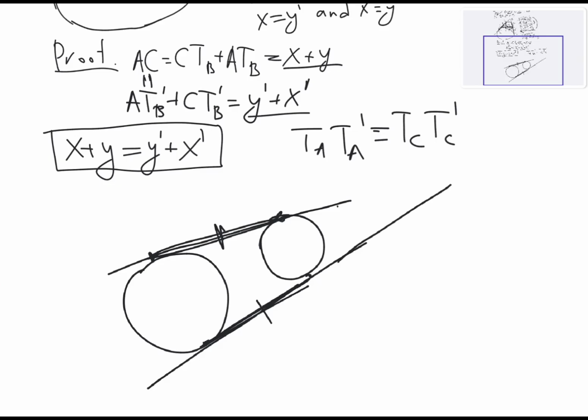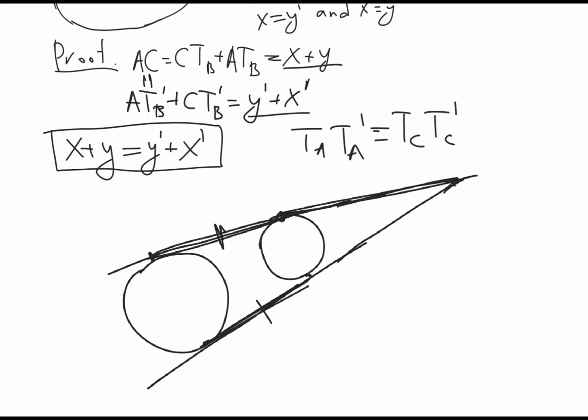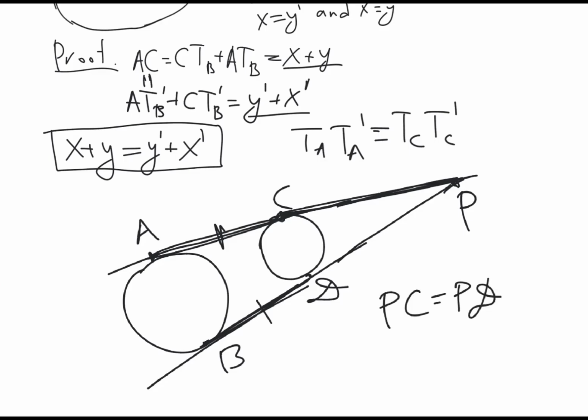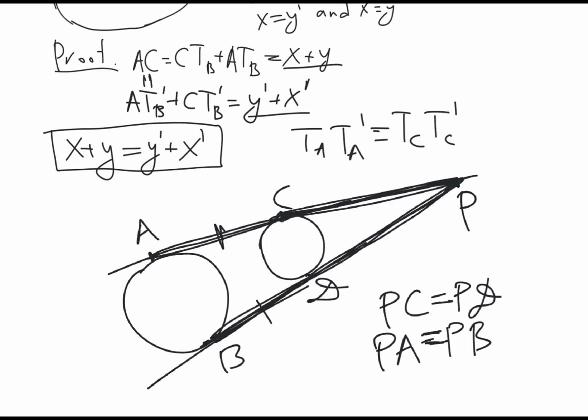If we extend these lines to the intersection, let's denote the points A, B, C, D, P. So we have PC equal to PD as the tangents to the first circle, and on the other hand PA is equal to PB as the tangents to the other circle, right?